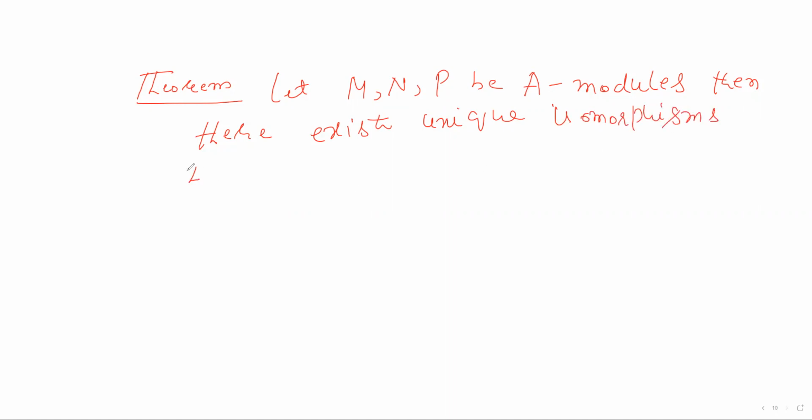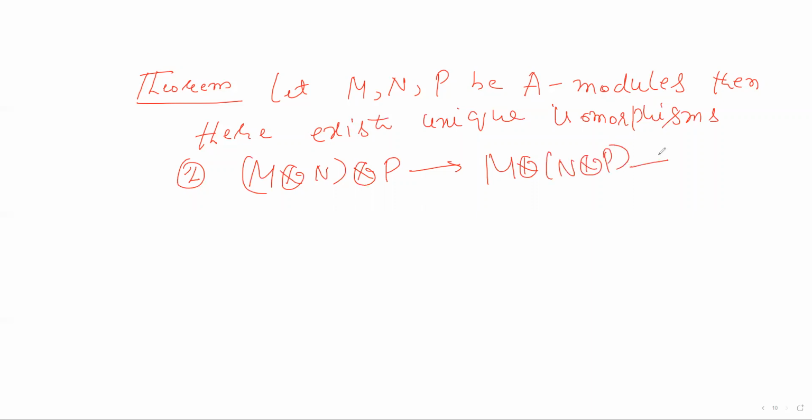The first one is from this M tensor product N tensor product P to this M tensor product N tensor product P. So once you have the isomorphism, you will see that the tensor product is associative up to isomorphism.